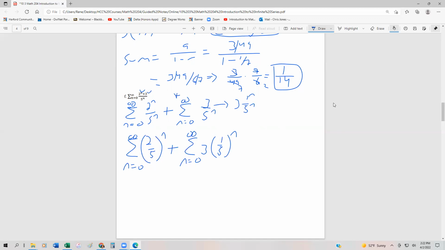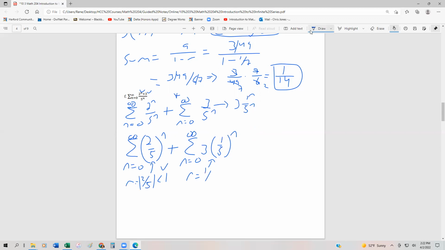Right here, R is equal to 2/5. And the absolute value of 2/5 is less than 1. So that one's good. Over here, R is equal to 1/5. And clearly 1/5 is less than 1 as well, the absolute value of 1/5, that is.